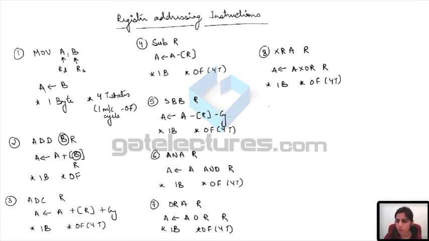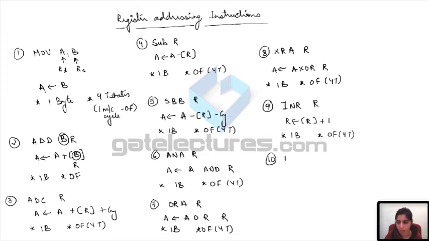Fine. So similar to the instructions we have seen in indirect addressing mode, there are several instructions to increase and decrease registers, one of which is INR R. What it is going to do is just increase the contents of this register by 1. So this is also a 1 byte long instruction and having 4 T states.